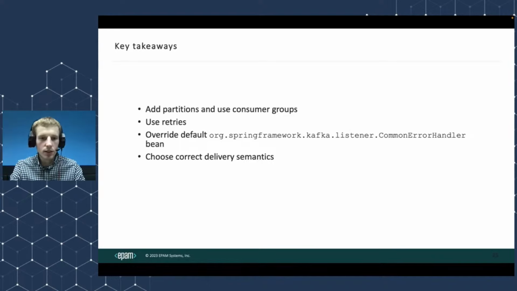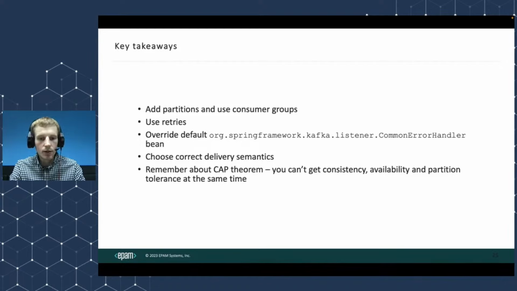So be ready to handle duplicates. And remember about the CAP theorem. In a distributed world, you can achieve only two out of three things: consistency, availability, or partition fault tolerance. You cannot get them all at once. You need to sacrifice something.